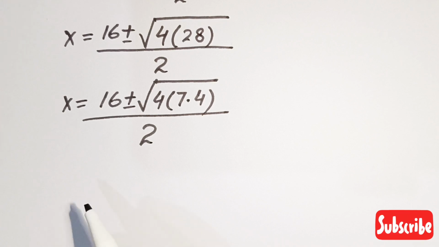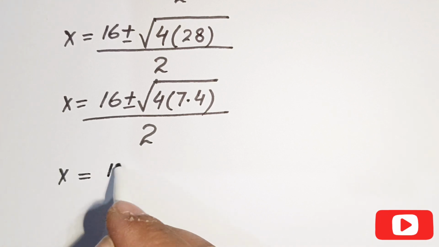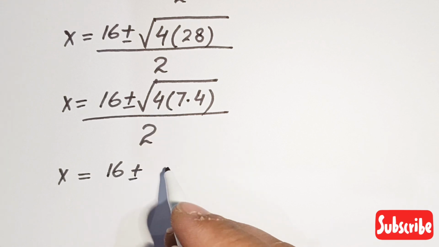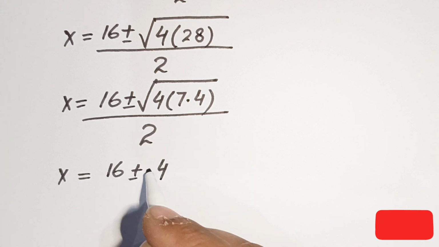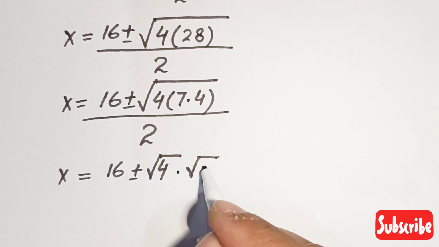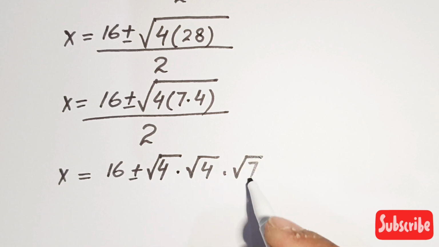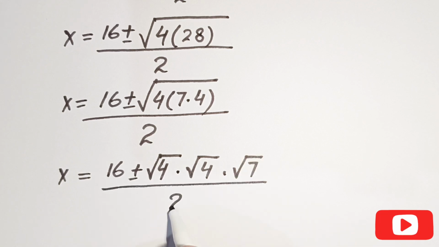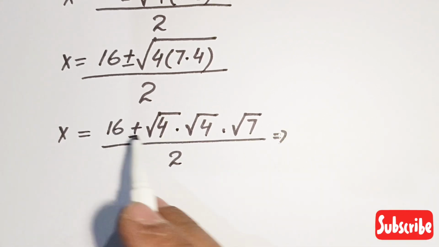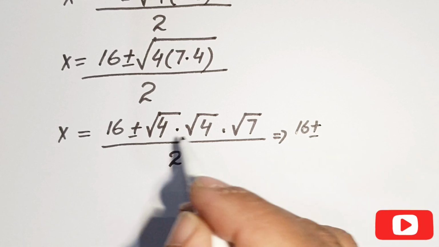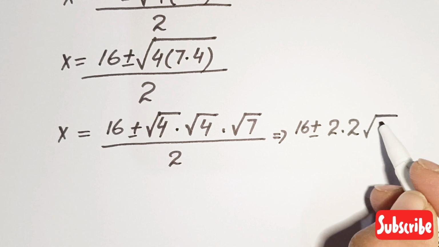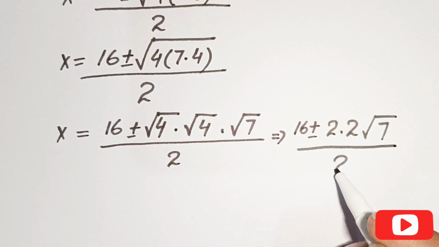Now x is equal to 16 plus minus, if we write these terms separately under the square root, we get square root of 4 times square root of 4 times square root of 7, all over 2. Now x is equal to 16 plus minus square root of 4 is 2 times square root of 4 is 2 times square root of 7, all over 2.